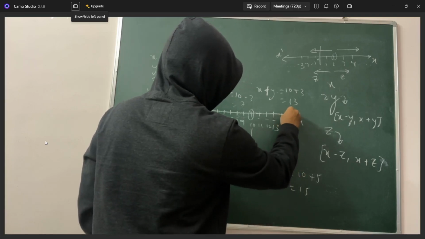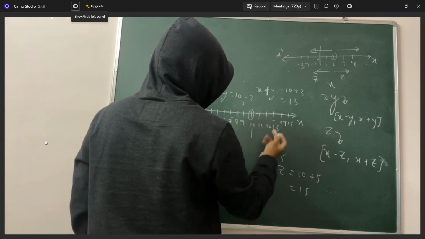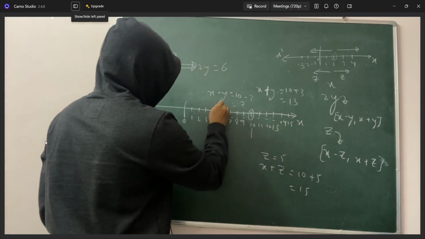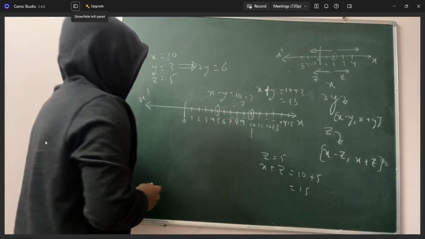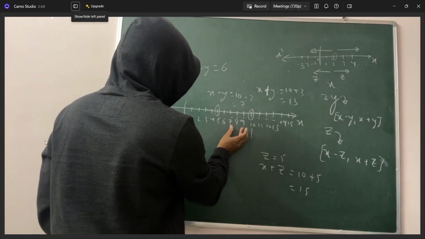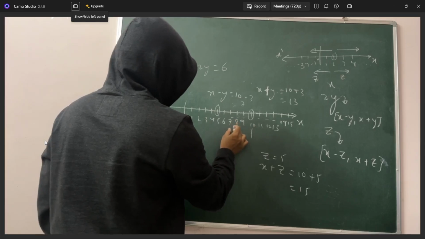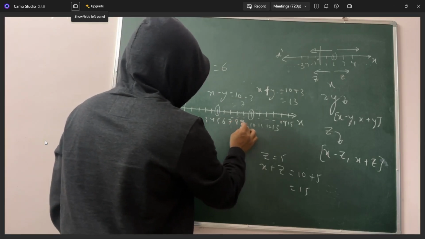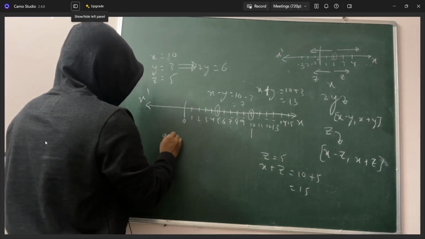So now he can move till 14, 15, and all his friends' houses are within the range. He can move till this position, but the friends he has are only 6, so in this case the answer will be 6 only, because he can visit all his friends' houses. So your answer is going to be 6.